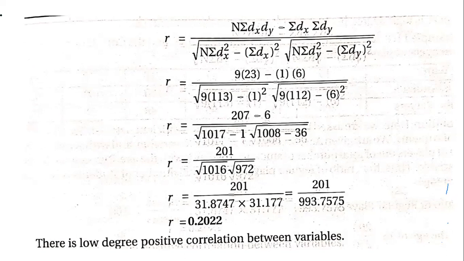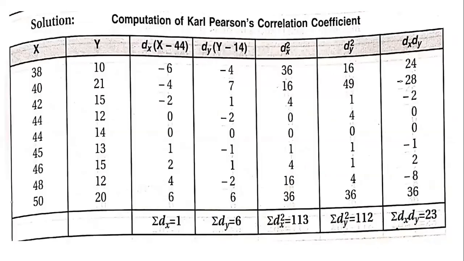So, the first value that we require is sigma dx dy. Going back to the table here, that first value is 23.